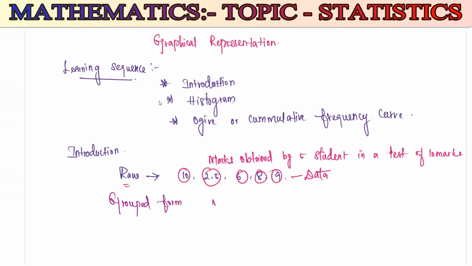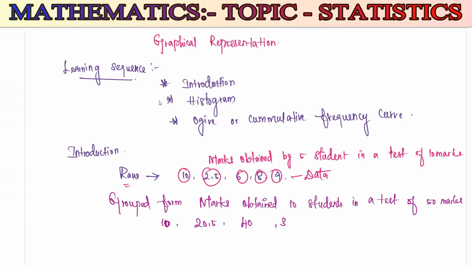Now here, marks obtained by 10 students in a test of 50 marks: 10, 20.5, 40, 30, 15, 25, 19, 49, 46, 38.